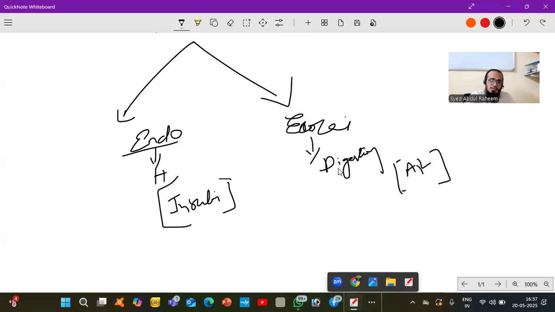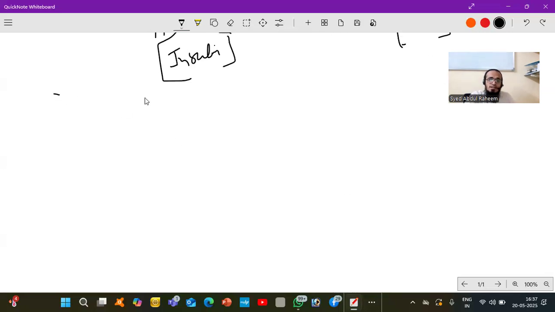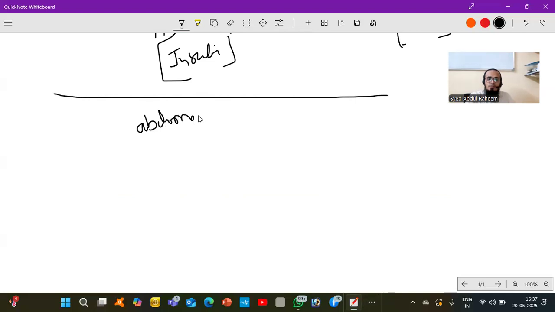Next thing you have to remember about the pancreas: if there is any abdominal pain or abdominal problem, the first investigation of choice is USG abdomen.